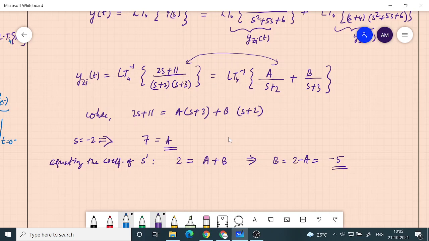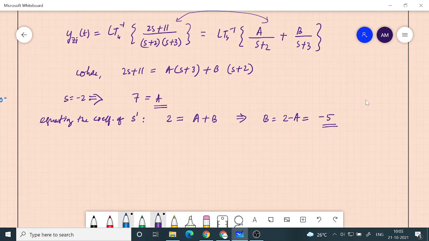So now I can substitute these values for A and B. Therefore my zero input response is going to be the inverse Laplace transform of 7 by s plus 2, and then minus 5 by s plus 3.